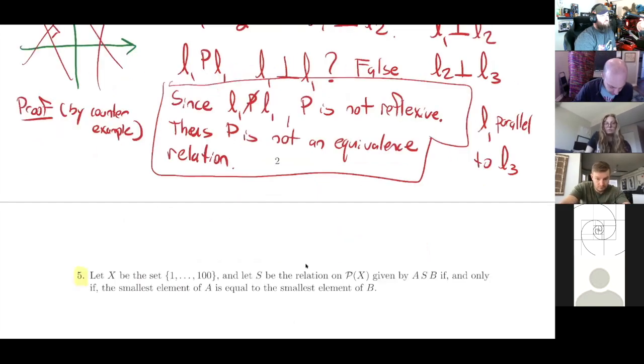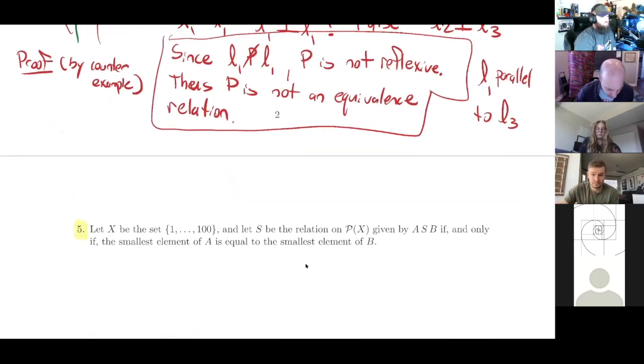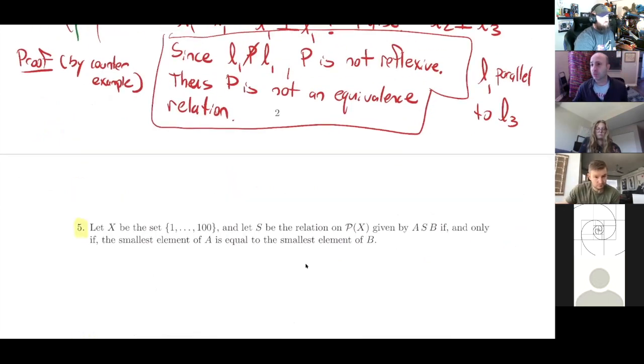Okay, just a couple of things. We're not going to get to worksheet 19. I was thinking about that, so let's hold off on it until after the exam. There are a couple of things on your homework assignment that might ask you to say, here's a relation, prove that this is an equivalence relation.